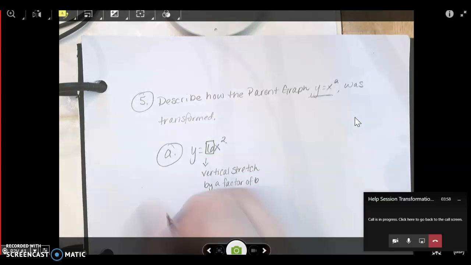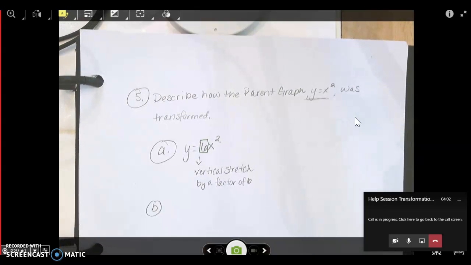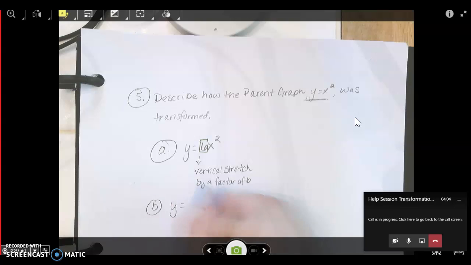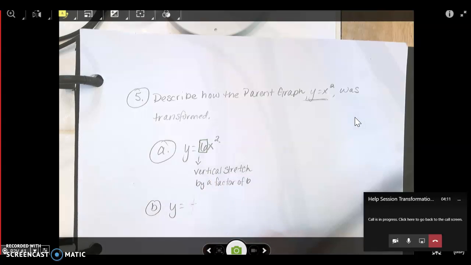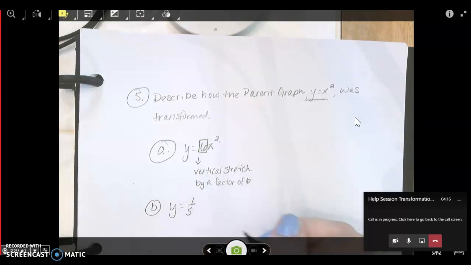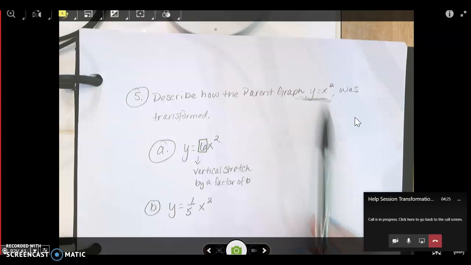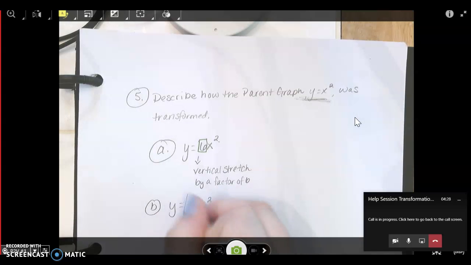Okay. Letter B, you had y equals 1/5 x squared. I'm sorry, I can't see. So when you compare this function to your parent function, you notice that this 1/5 is the difference.